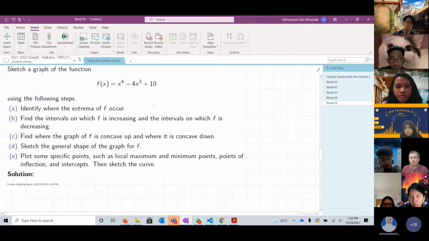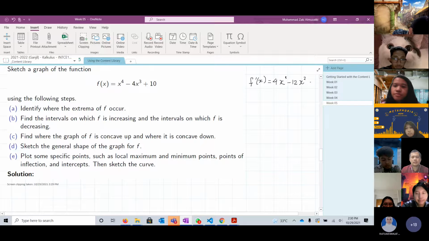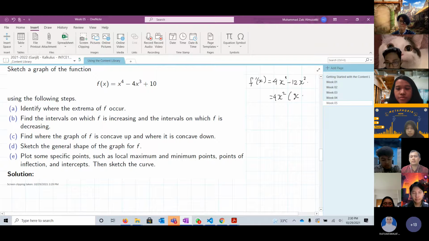Okay, we want to sketch the graph of this function. Here we have that f prime of x is 4x cubed minus 12x squared. Or we can also write it like this: 4x squared times x minus 3.